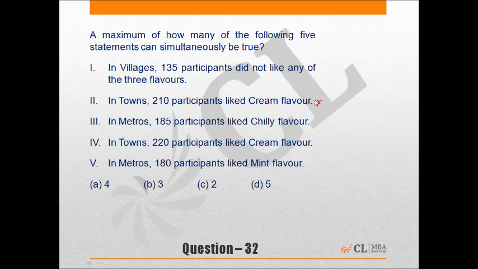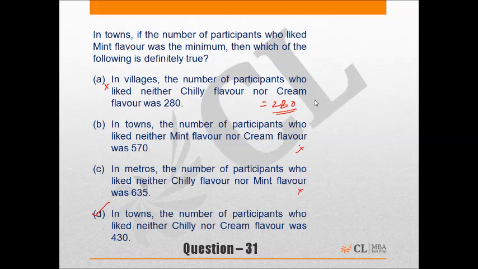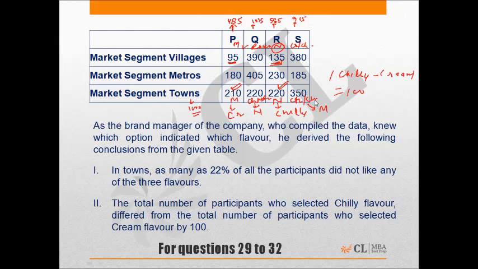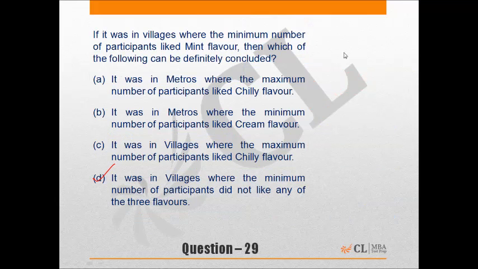Let's move to the next statement. In metros, 185 participants like chili flavor. To maximize the number of statements, we can assume that S stands for chili flavor. In that case, the given statement will be true.